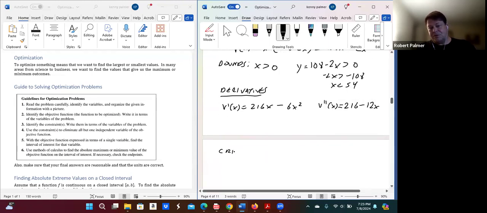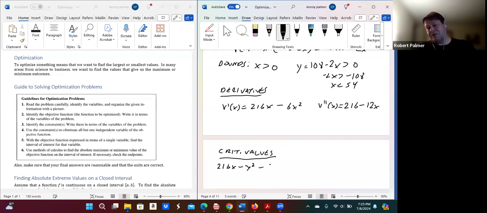Now, let's find our critical value or values. The last one just had 1. We could have more than 1 this time. All right, so we know how to find critical values. So set this equal to 0 and solve. So 216x minus 6x squared is equal to 0. And now the best thing to do here is factor this out, and that does factor. We can take a 6x out, and what we're left with is 36 minus x.